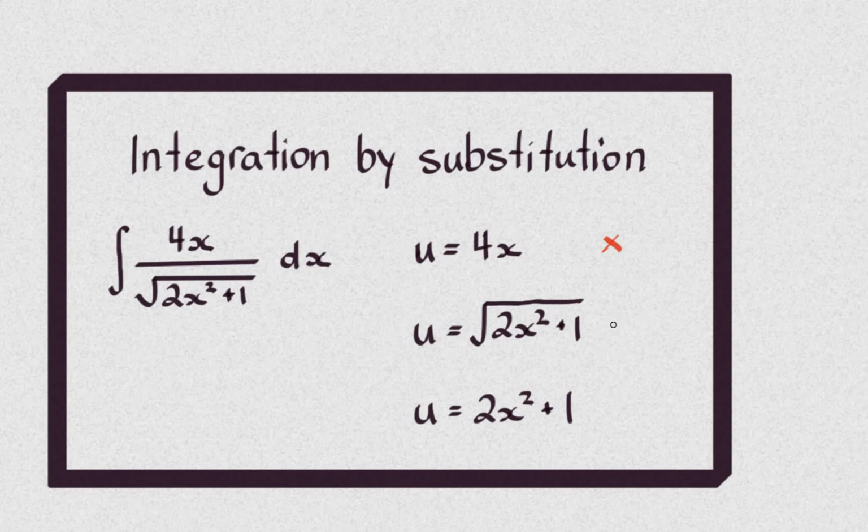So this one looks promising. And likewise with this one, the derivative is 4x, and we have a 4x up there. And then we still have this 2x squared plus 1 down the bottom. So we'd have like a square root of u. So this one looks promising as well. So we might actually do this integral for our first example, and we'll explore both methods and see which one we like best.